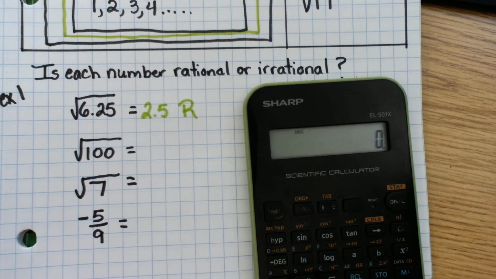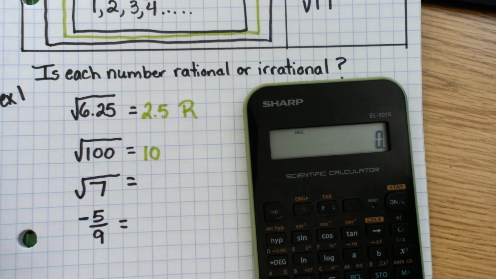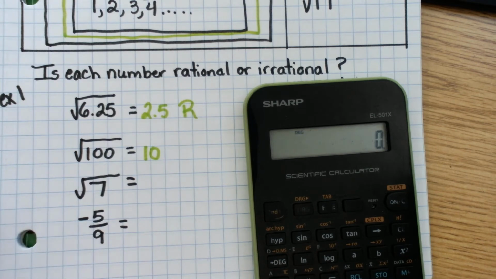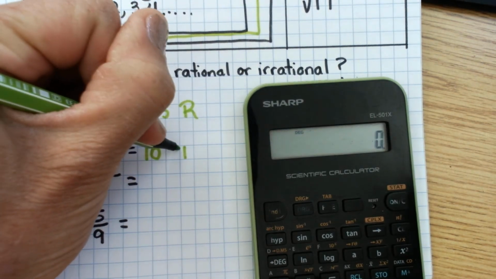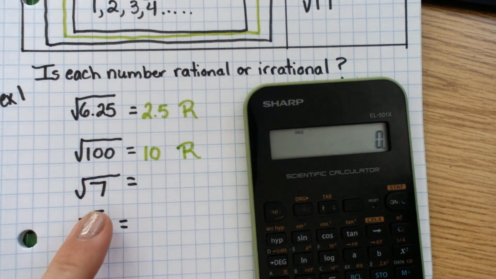I don't need my calculator for that one because I know 10 times 10 is 100, and 10 is an integer or a counting number or a whole number. It's all of those categories that we had listed over in our column up here on the left-hand side, which are rational numbers.